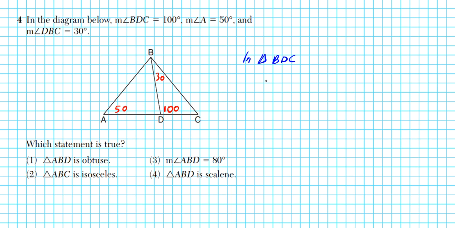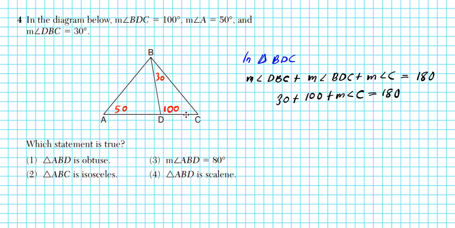So in triangle BDC, the measure of angle DBC plus the measure of angle BDC plus the measure of angle C is equal to 180. Measure of DBC is 30 degrees plus measure of angle BDC, that's 100, plus the measure of angle C is equal to 180.